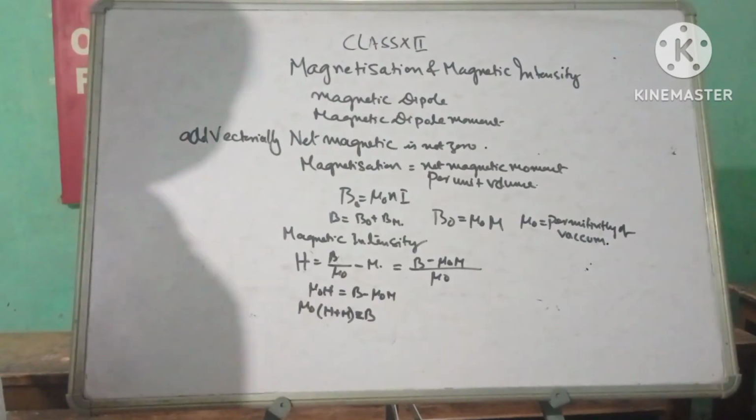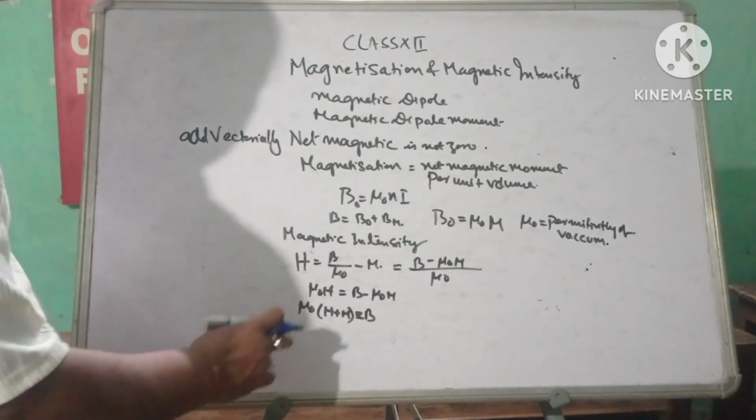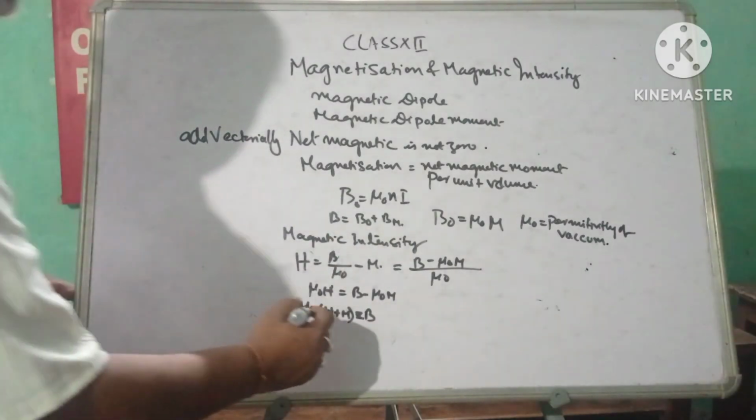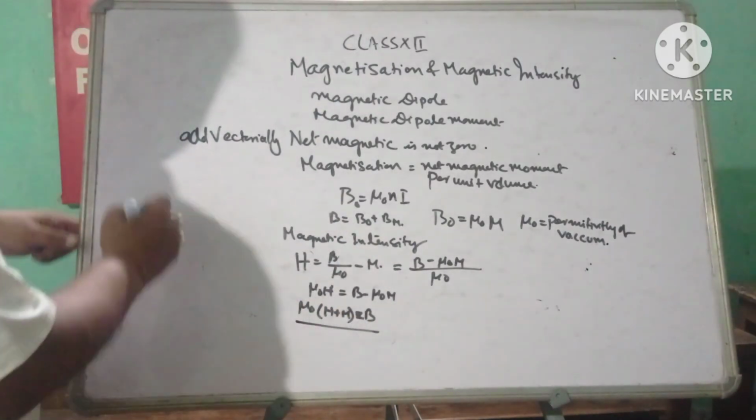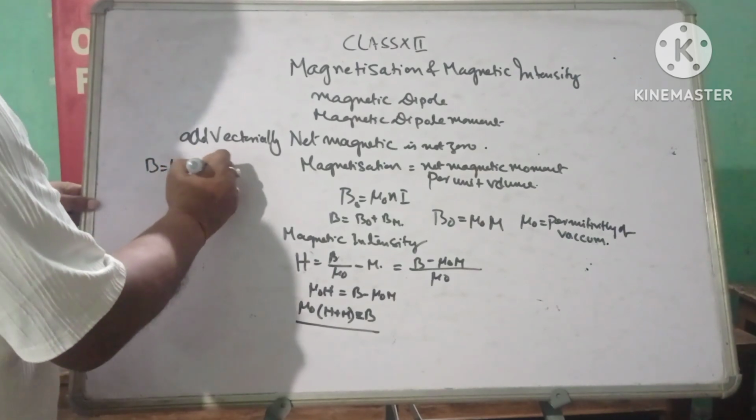So here you see that the magnetic field, this is the main result, that means B is equal to mu naught (H plus M).